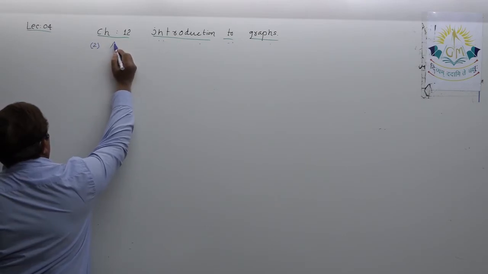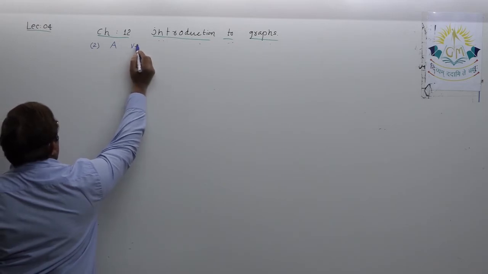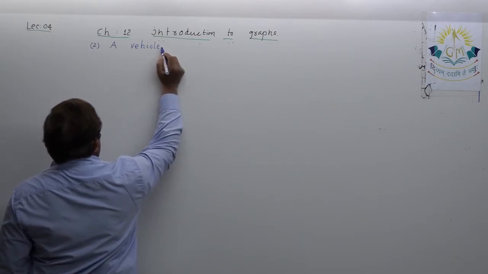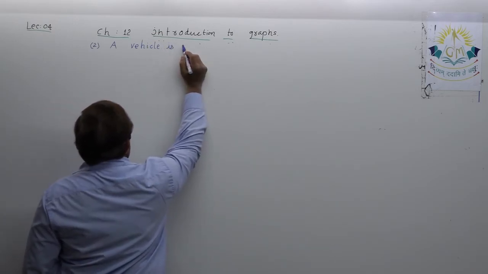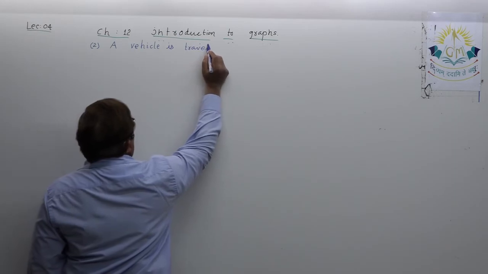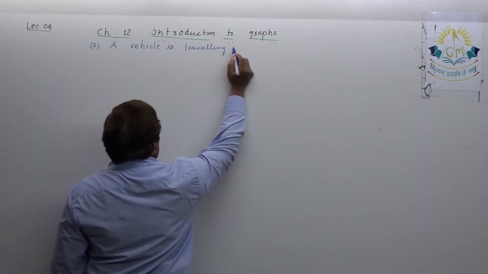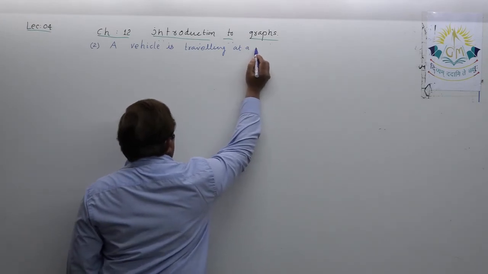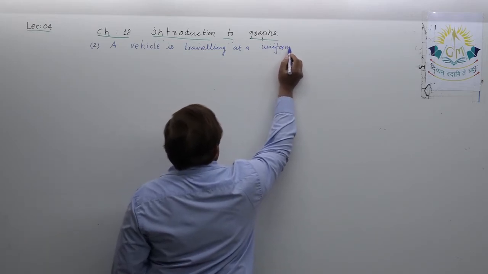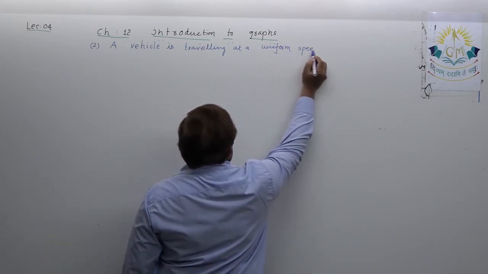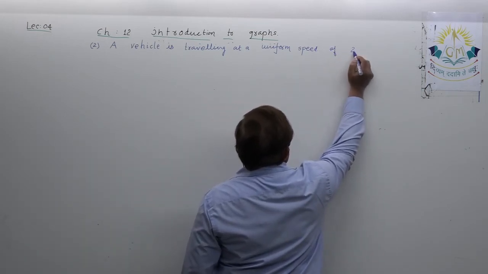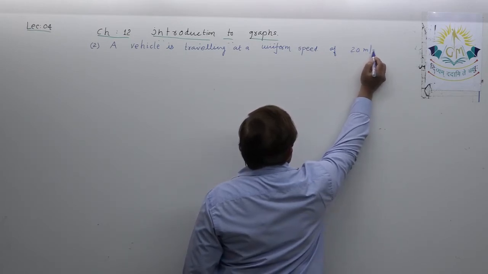A vehicle, note down the question. A vehicle is traveling at a uniform speed of 20 meter per second.